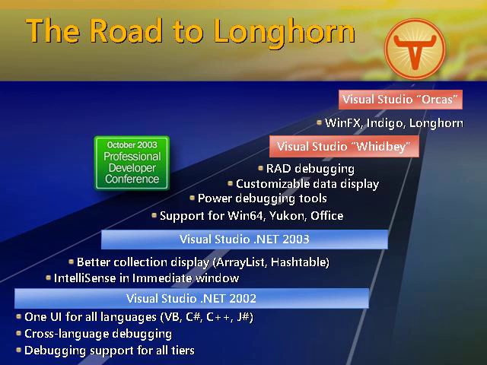With that, though, we also have support for some new platforms like 64-bit, as well as SQL Server Yukon, which is the next version of SQL Server. I'll go into more detail later on those. Beyond Whidbey, we want to make sure that we continue providing a great debugging experience for developing applications on Avalon, Longhorn, WinFX, and so on.